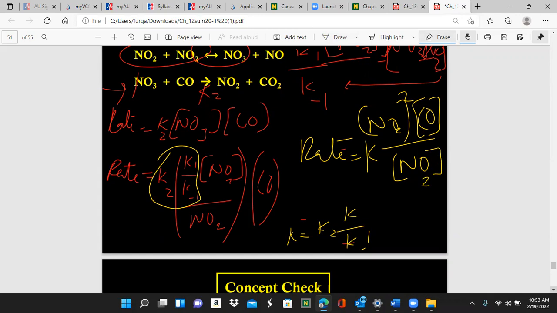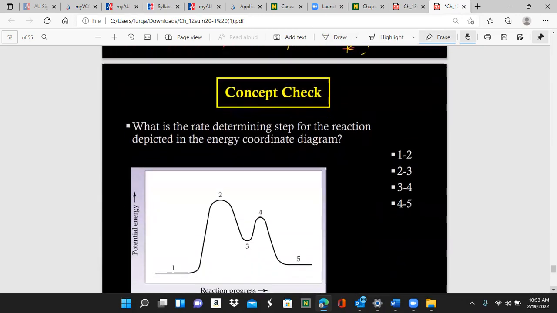So we have to write this rate law because the rate law never takes an intermediate in it.